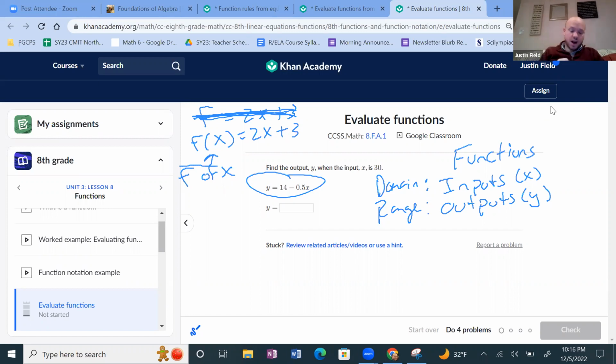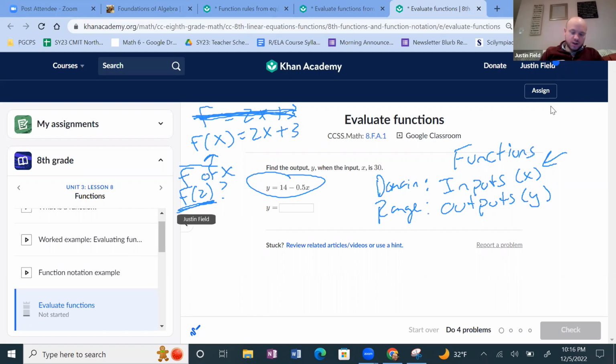This means that our input x is right there. So if you saw f of 2, that is not f times 2. It is asking, what is f of 2? How would you determine what f of 2 is?